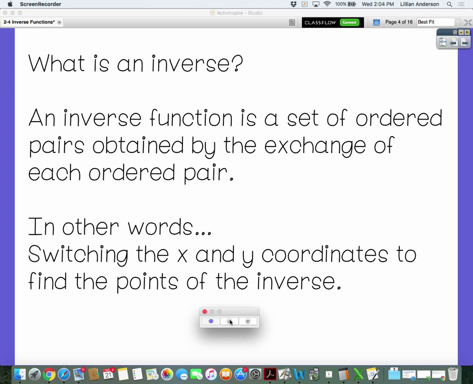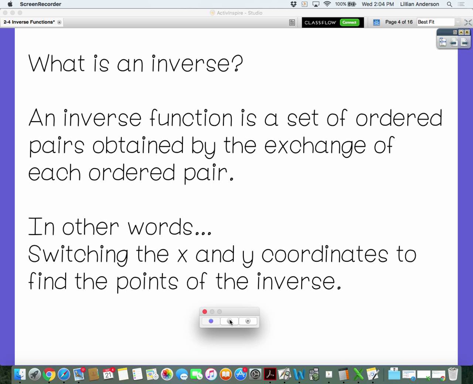So basically we have a set of ordered pairs in which we're going to take the x and y coordinates of the original function and switch them. When we switch them, we end up getting the points that are located on the inverse of our function. Okay?